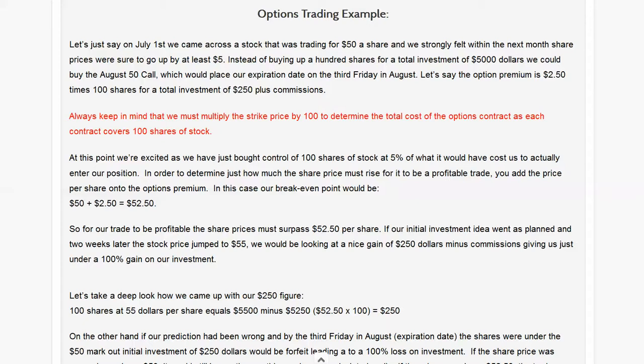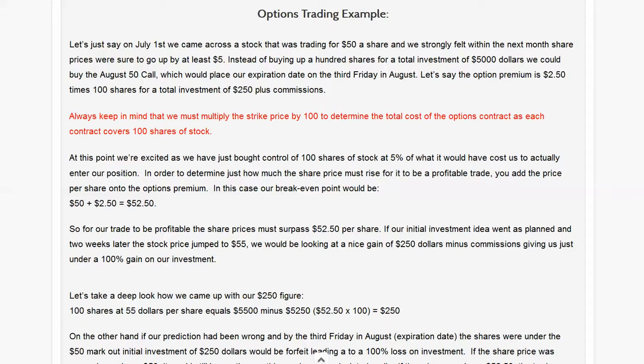Let's say the option premium is $2.50. Times that by 100 shares for a total investment of $250 plus commissions. Always keep in mind that we must multiply the premium by 100 to determine the total cost of the option contract, as each option contract totals up to 100 shares of stock.